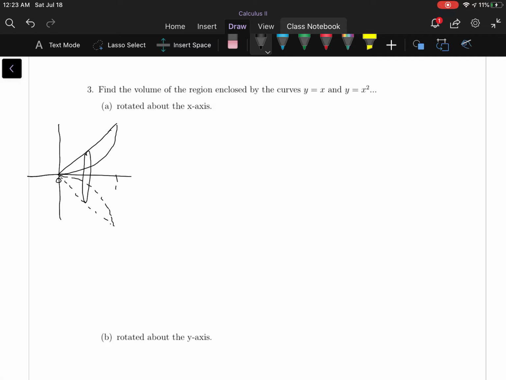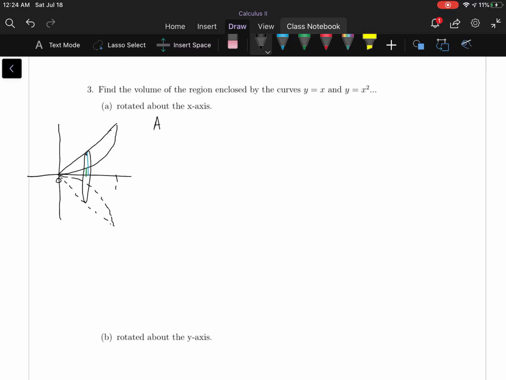So this is a washer. We're going to have two radii. The outer radius goes to the y equals x function, and the inner radius goes to the y equals x squared function.